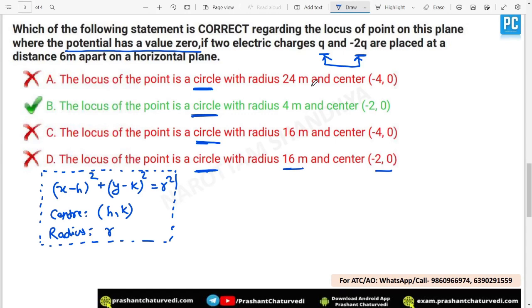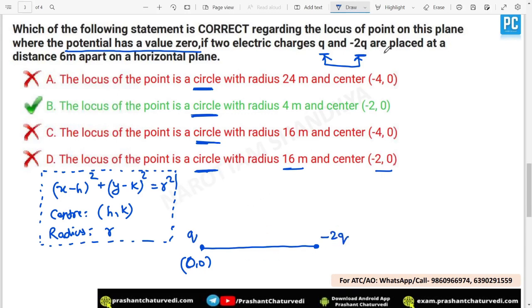Right now the charges are of unequal sign, so the zero potential point will lie in between the charges. Okay, so directly I am considering, suppose this is the origin, so this is 0 comma 0, and both the charges are separated by 6 meters. Suppose this is charge q and this is charge minus 2q.